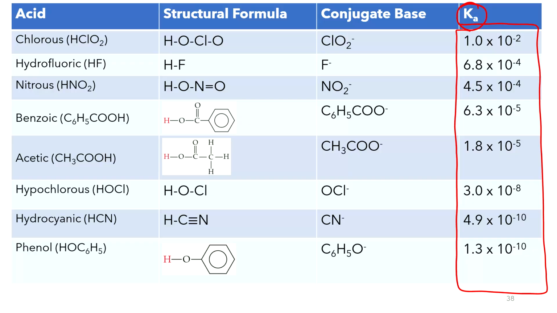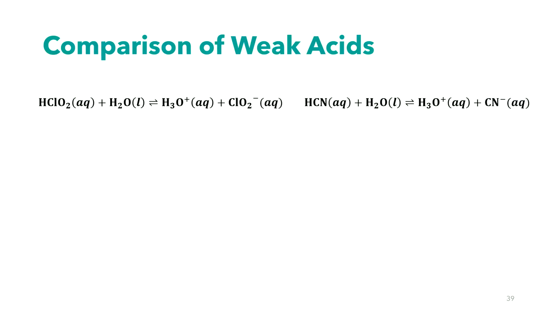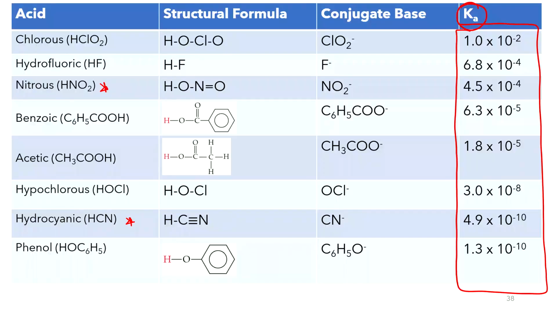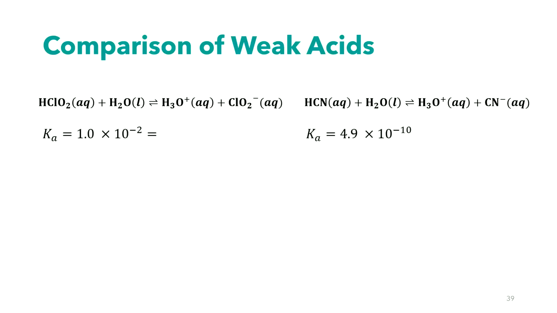Okay, let's make a comparison between two of them. We're taking nitrous and hydrocyanic. Onto the next slide. Oh, I lied. We take chlorous acid, all right? Notice, both of these are small numbers, okay? They're really quite small. We can write in what these equal.